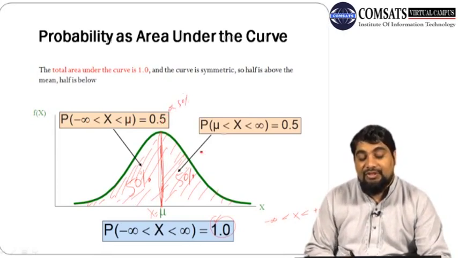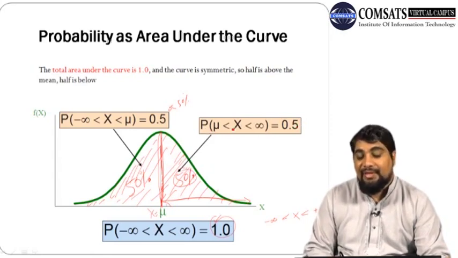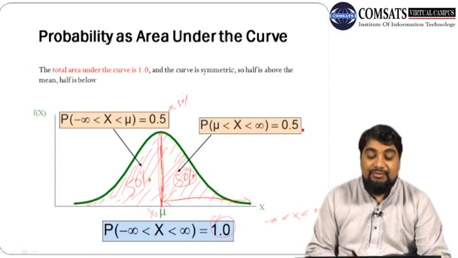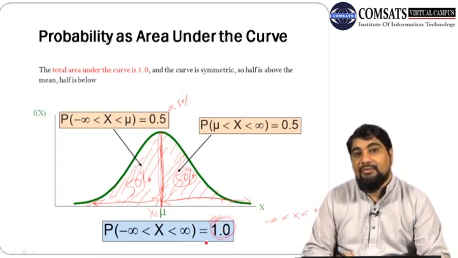And similarly from mu to plus infinity we have 50% probability. So the probability that mu is less than x less than plus infinity is also 50%. If we combine the area to the left of the mean, which is 50%, and the area to the right of the mean, which is also 50%, we get a total of 100%, or 1.